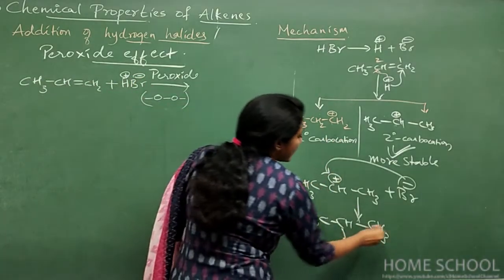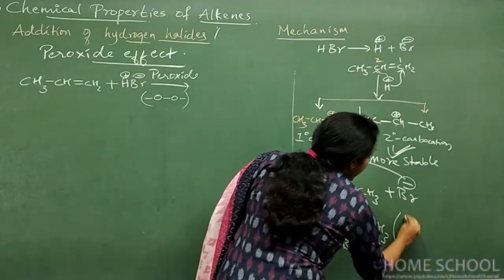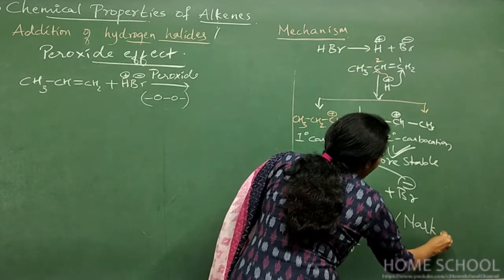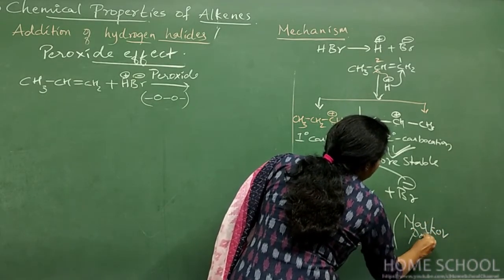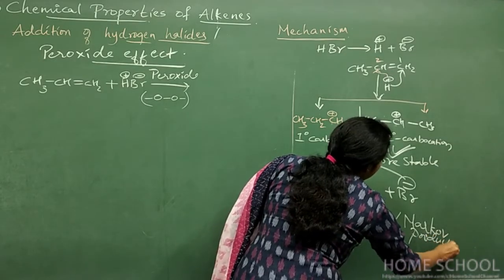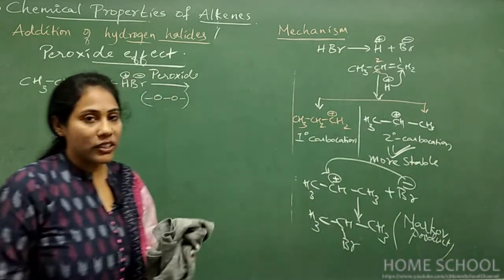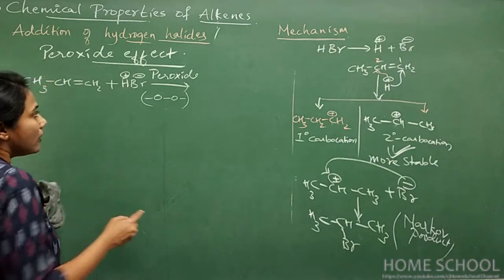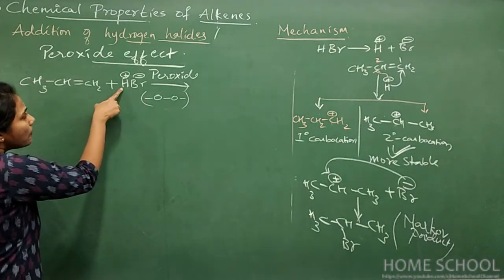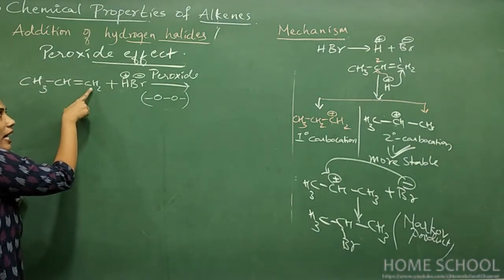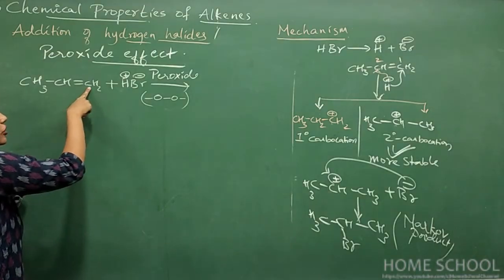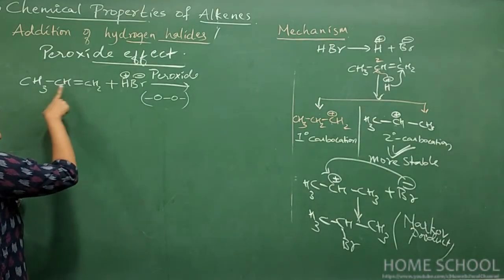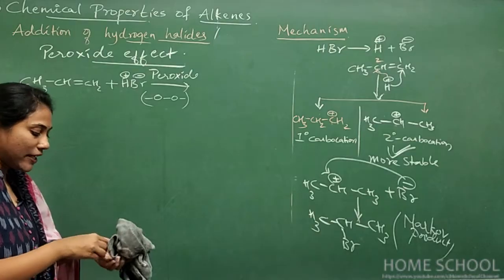Here, whatever product you get is called the Markovnikov product, right? Because the reaction is taking place according to Markovnikov's rule. But what was Markovnikov's rule? The positive part is added to the carbon having more hydrogens, and the negative part is added to the carbon having fewer hydrogens, right?